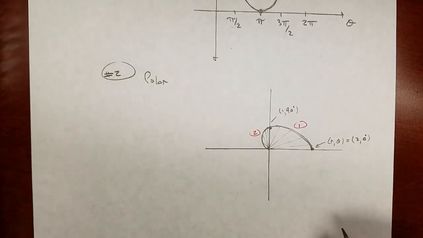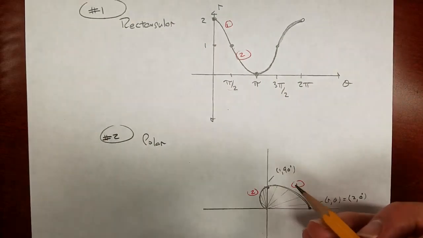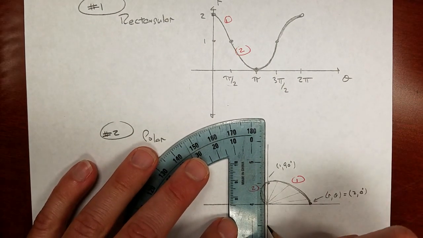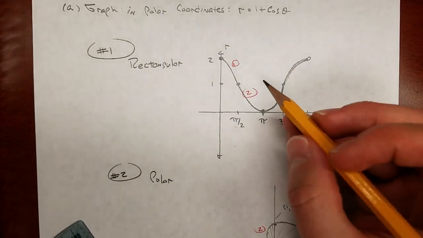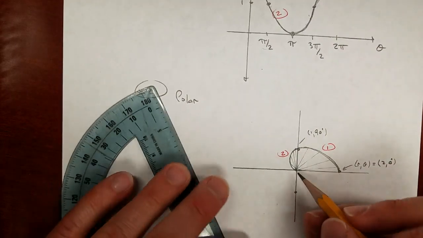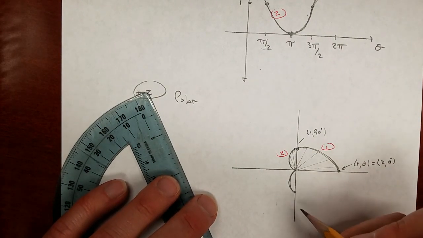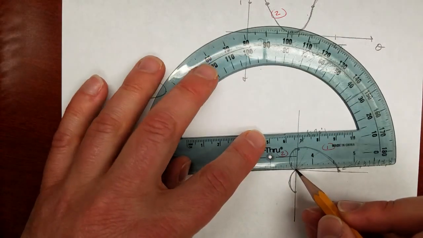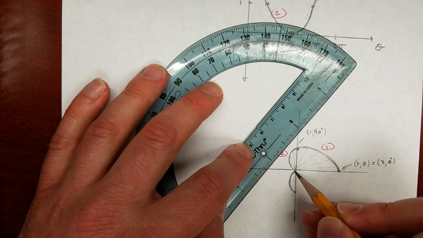So I know by the time I get to 270 degrees, r is going to be 1. So that's going to mean you end up at that point. But if you start with r being 0 and very gradually gets bigger, then it'd have to be something, again, kind of like that. It's true. So here's 180, r is 0. Tilt a little bit. Okay, r is a little bigger.